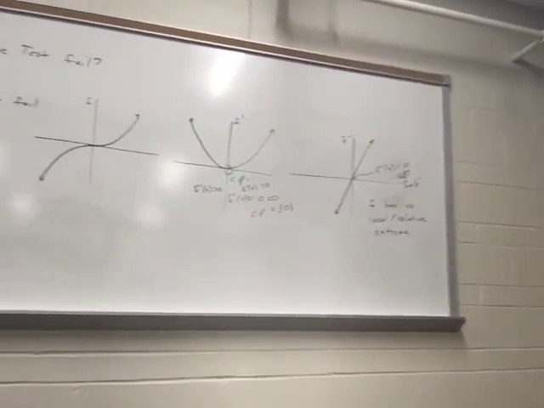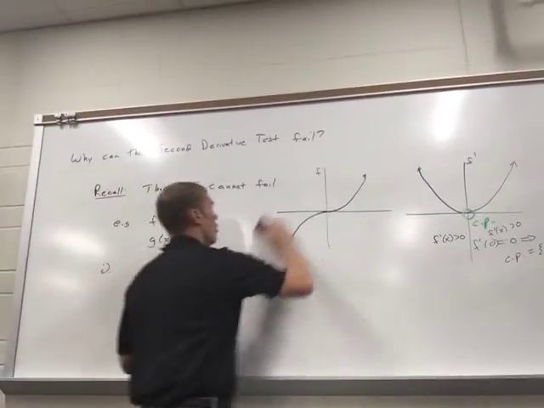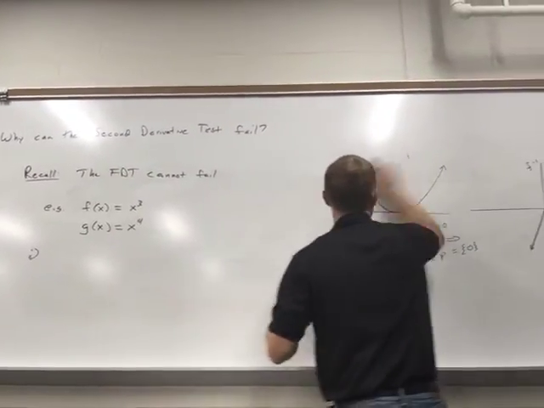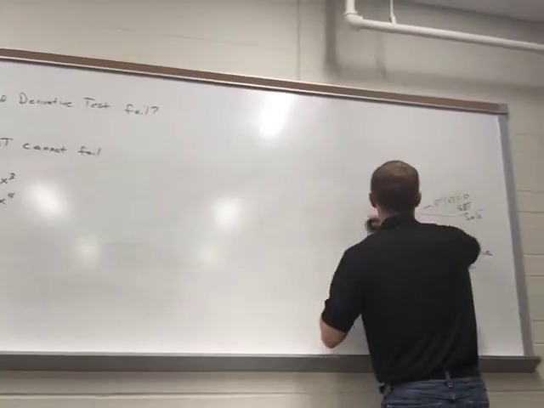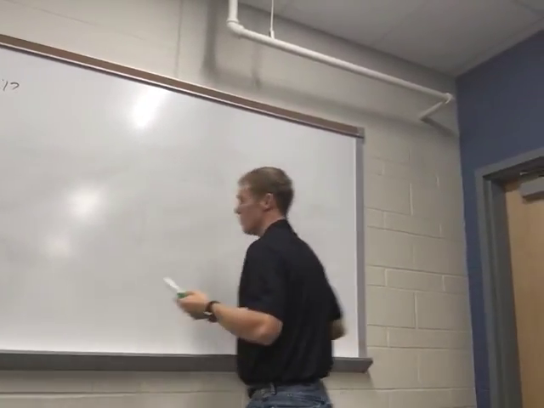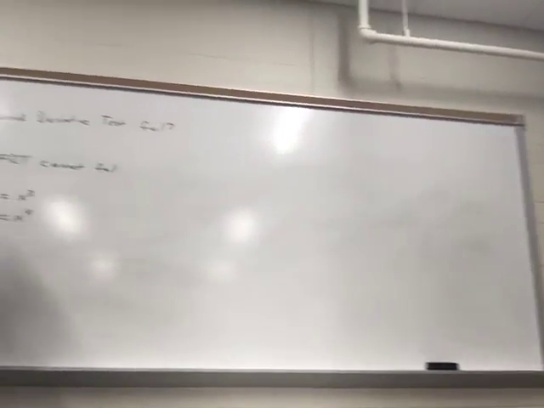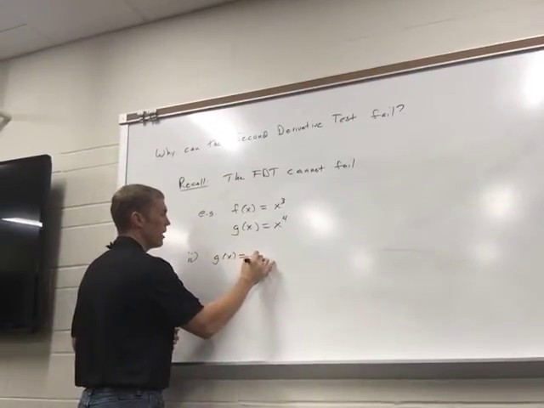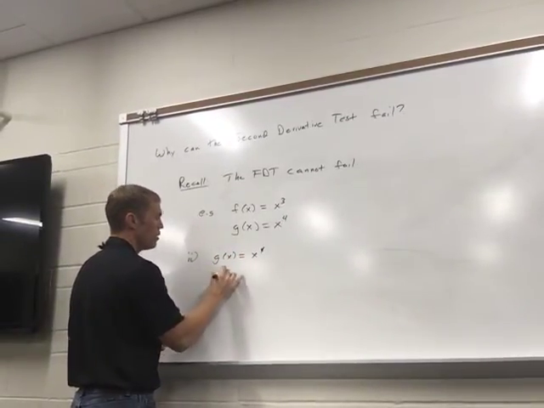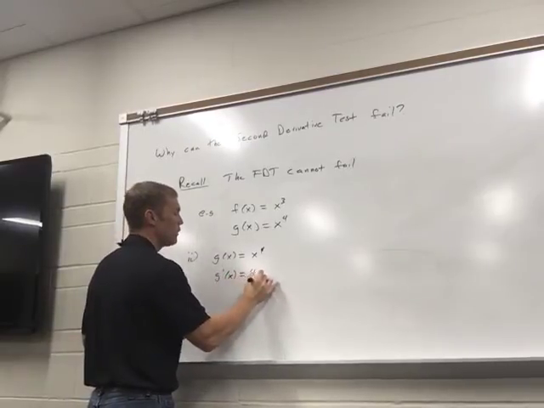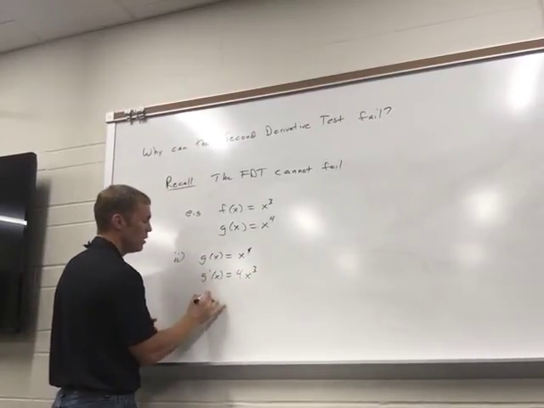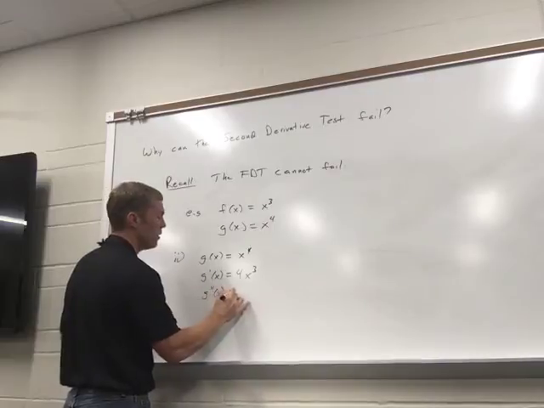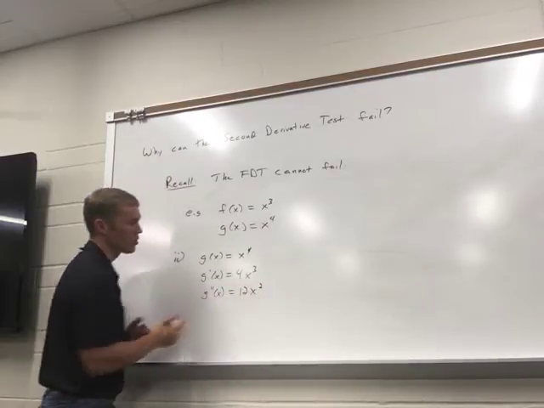I come back and start this all over again with the second function I mentioned, g of x. So case 2, g of x equals x to the fourth, g prime of x equals 4x cubed, g double prime of x equals 12x squared.